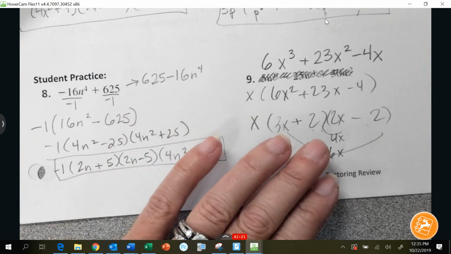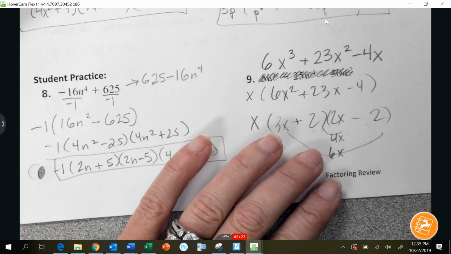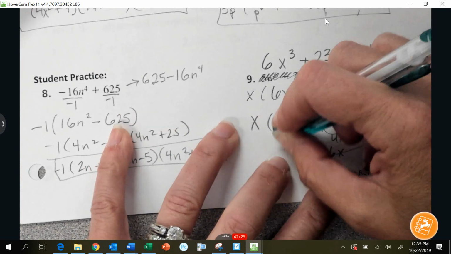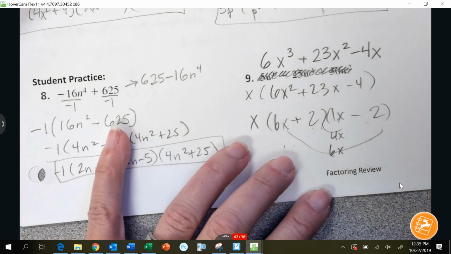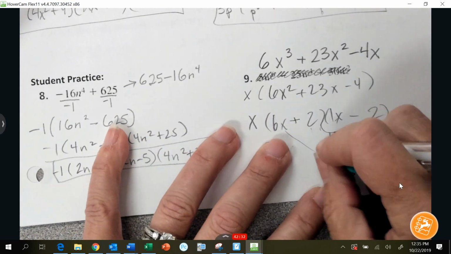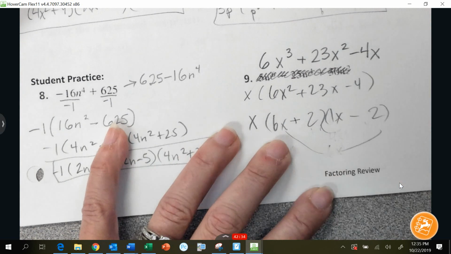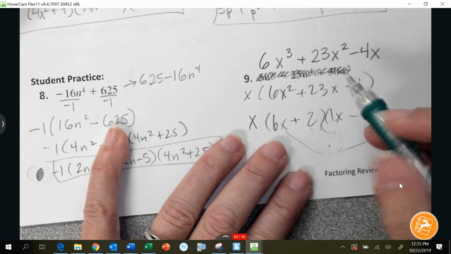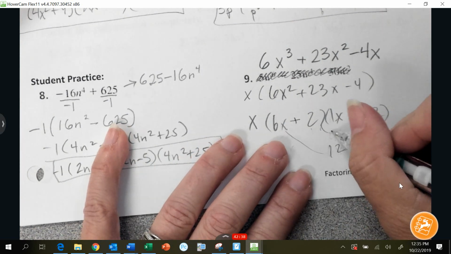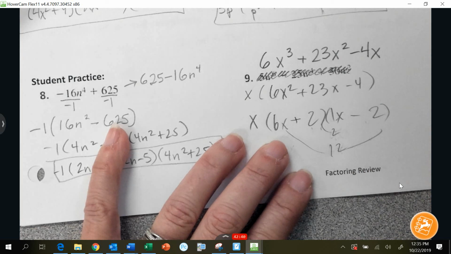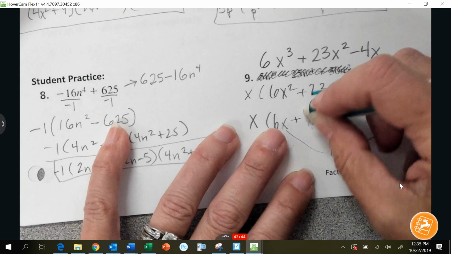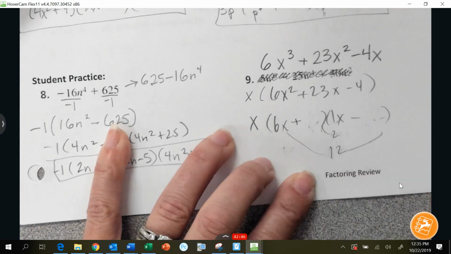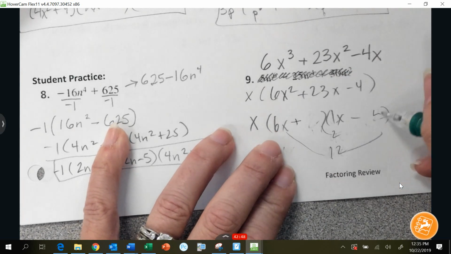So then I need these numbers to be bigger. So I'm thinking I should probably use the 6. Maybe I do 6 and 1. I tried the 6 and the 1 and I get like a 12 and I get a 2. That's still not big enough. I want to add these together to give you 23. So then maybe I have 6 times the bigger number 4.